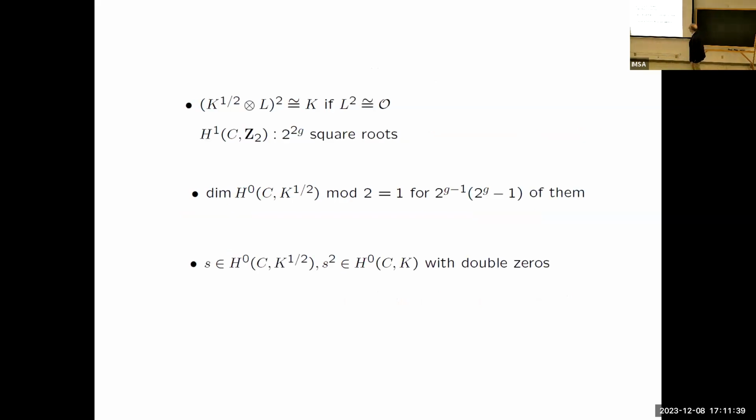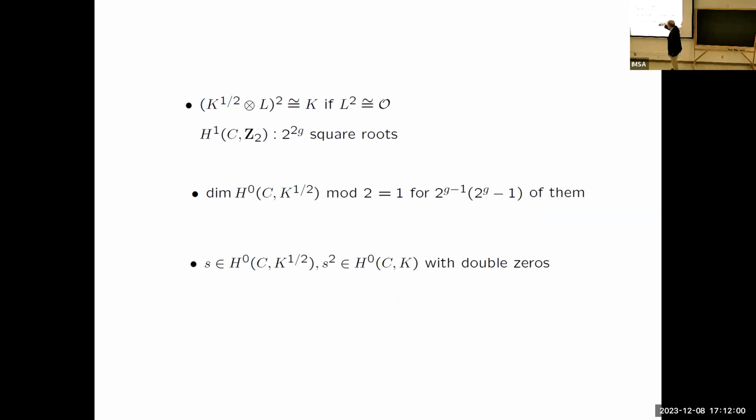So what about this? These square roots, we can always tensor a line bundle K to the half, whose square is the canonical bundle, by a line bundle whose square is trivial. And so there are 2 to the 2g spin structures, square roots.